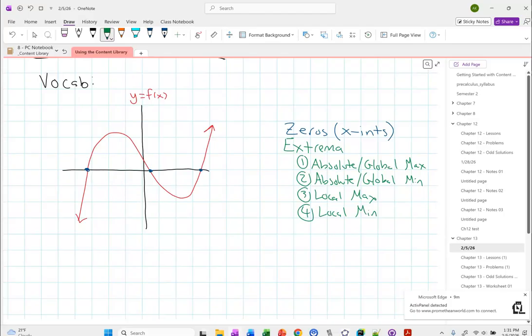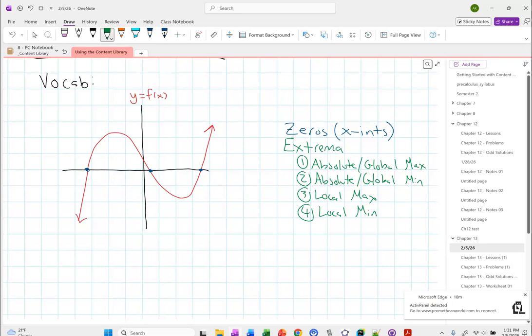Does this graph have an absolute maximum? What did you say? No, because there's an arrow. Yeah, no, because we have an arrow pointing up, right? Any point you pick, I can find a point with a y-coordinate higher than that one because the arrow is extending up forever.